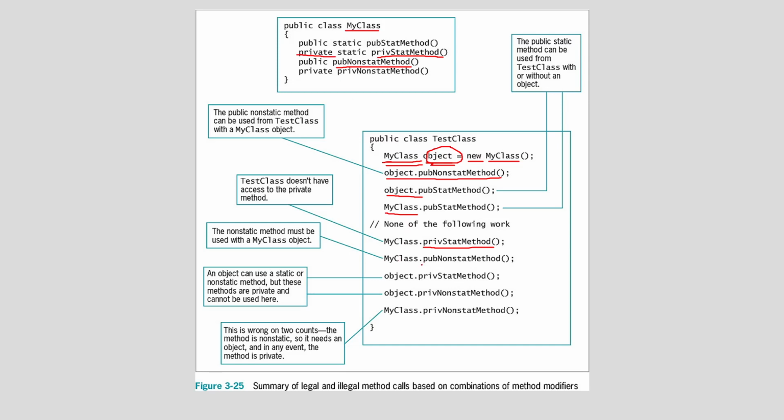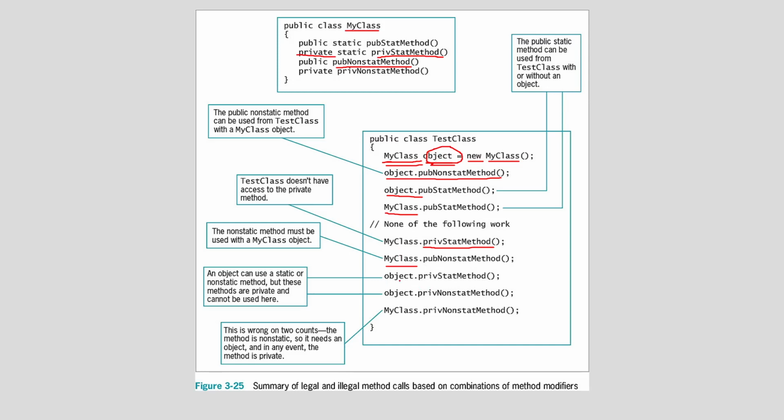But in this case, the class name is being used directly, so it's not working here. It will not work to use the class name directly for accessing the instance member of a class. To make this one work, we have to replace MyClass with the object name.